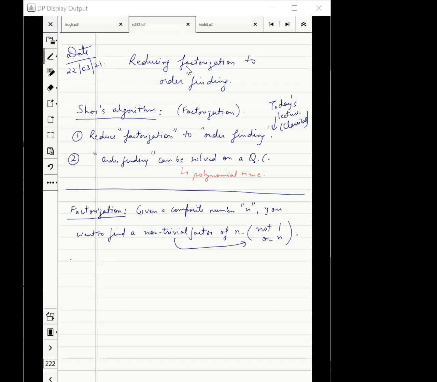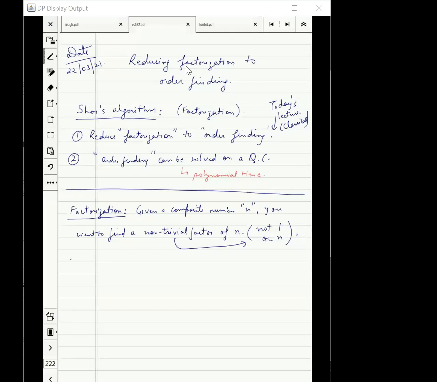Why is that enough? You can reduce it to smaller problems of factorization. Once I find a non-trivial factor, I can divide n by it, get a new number, and apply my factorization algorithm again and keep doing it. Then I will get the complete prime decomposition.